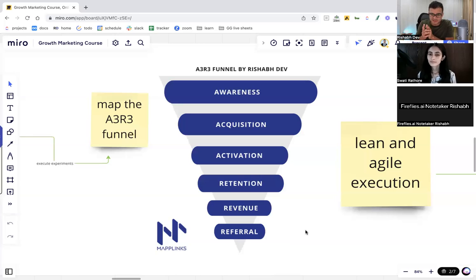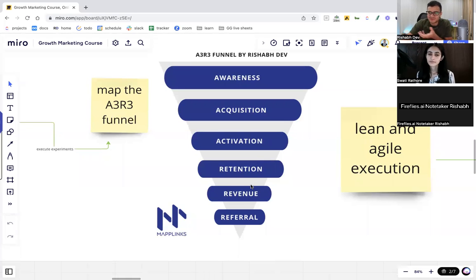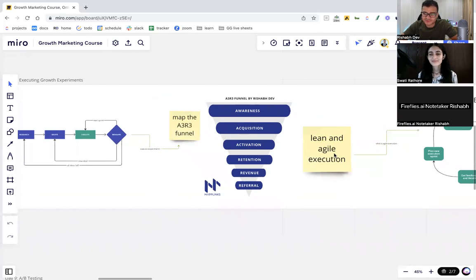That's also activation, because they notice that you have been acquired, but you have not been activated. While you have signed up for the free trial, you're not using it. And if you're not using the product in the free trial, you will not be activated. If you will not be activated, you will not be retained. If you will not be retained, you will not pay them. And if you don't pay them, why will you refer other people? So it all goes in the stages of the funnel.